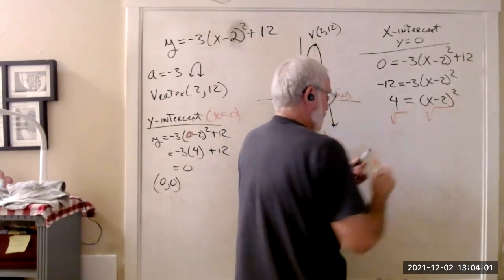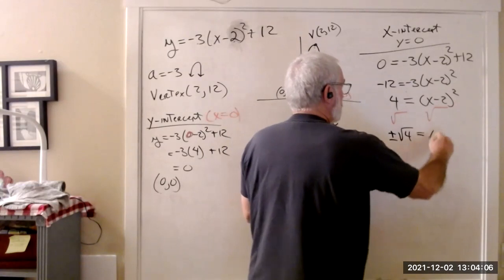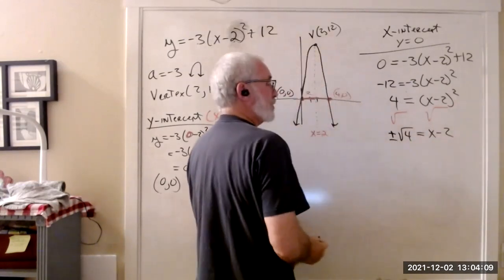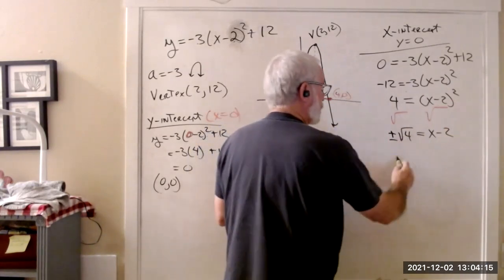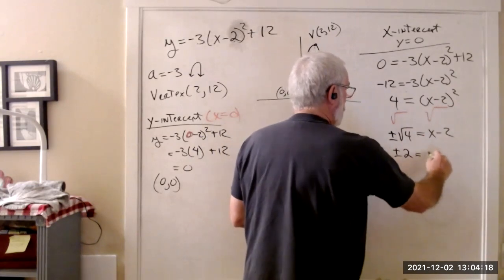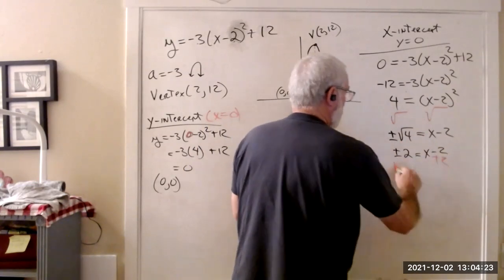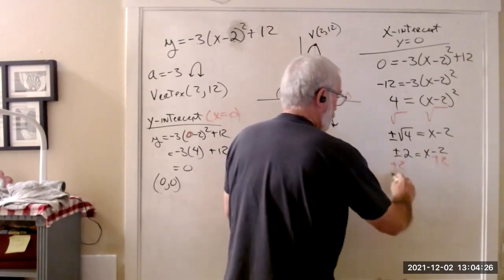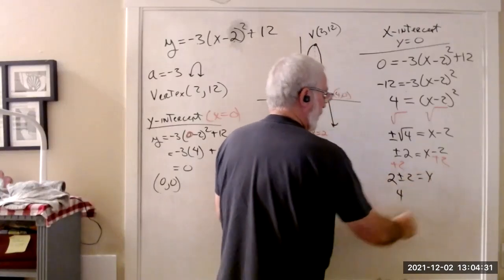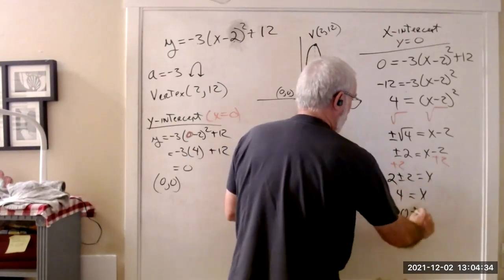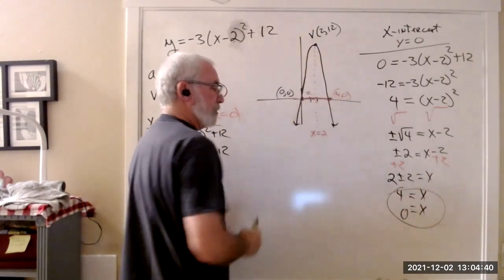So I'm going to square root both sides. But remember, that introduces a plus or minus into the problem. That was the trick in chapter 9. Go back and check that. But the square root of 4 is 2. So we have plus or minus 2 equals x minus 2. Add 2 to both sides. So we have 2 plus or minus 2. If you get that out, you get x equals 4 or 0 equals x, whatever. So you get the same answers I got here.